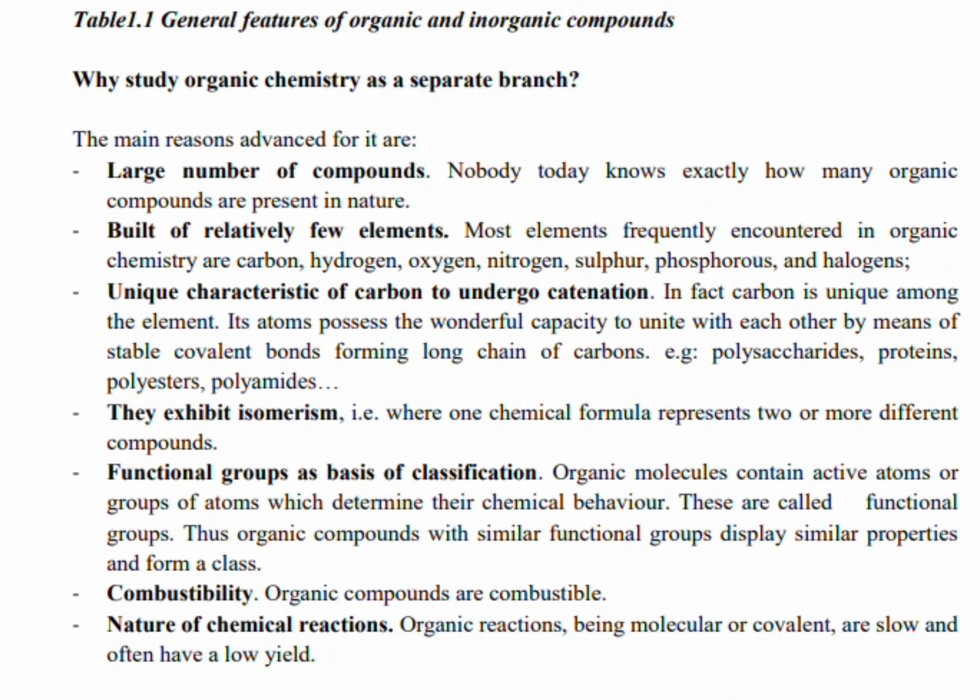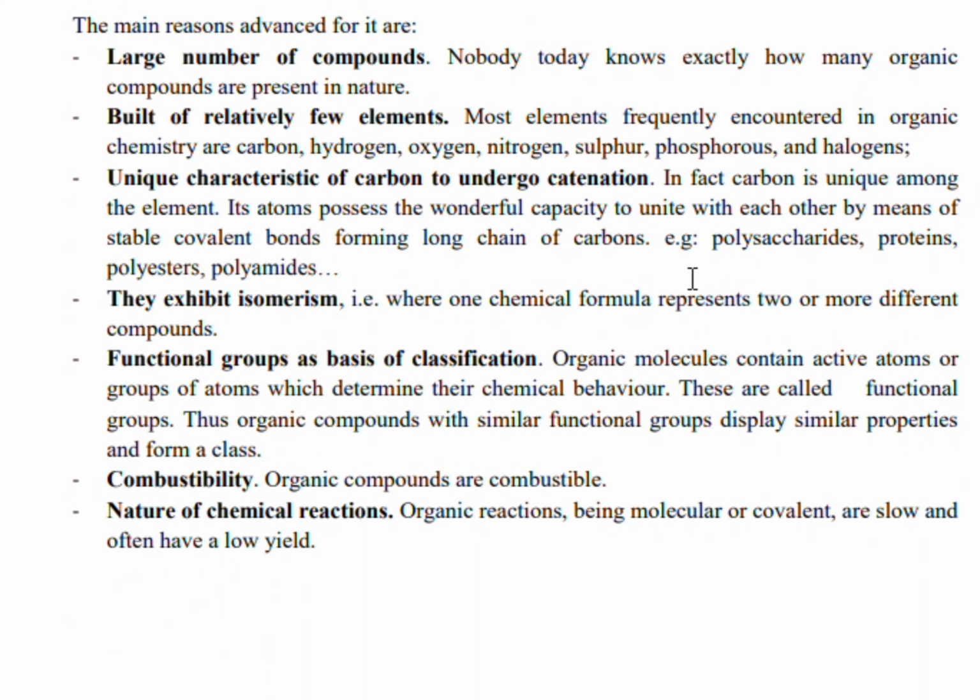We have also studied the reason why we have to study organic chemistry as a separate branch. We have seen that they have a large number of compounds. They are built of relatively few elements, carbon and hydrogen, sometimes with other elements.